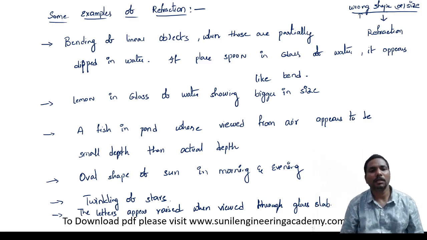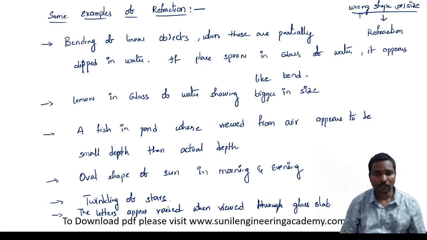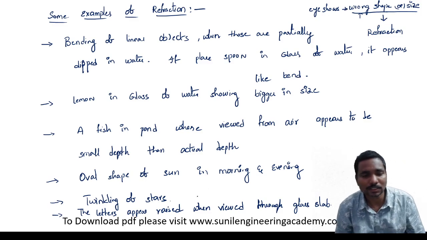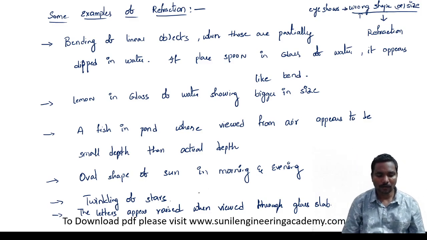I think you got the refraction concept. If our eye shows the wrong shape or wrong size, then the concept is refraction. Okay, so what is the main cause of refraction? That is different mediums, different refractive index.